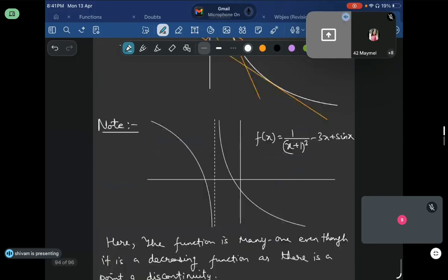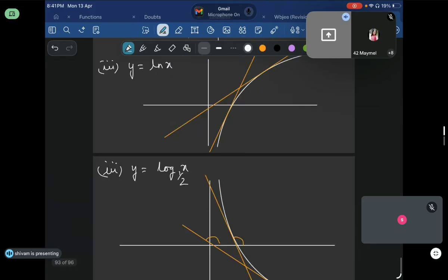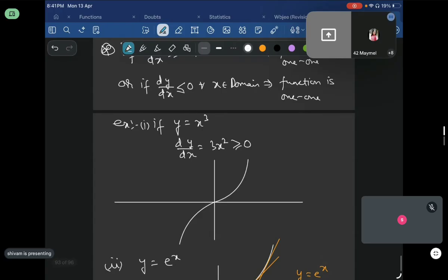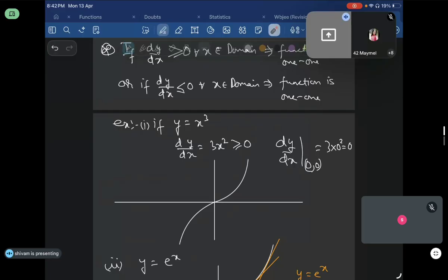Now the functions which are transcendental, which are not linear or not polynomial, for them dy by dx can be equal to 0 also. Like in this case, what is dy by dx at 0, 0? It is equal to 0 only. But still the function is increasing.